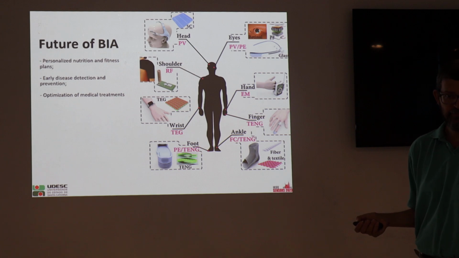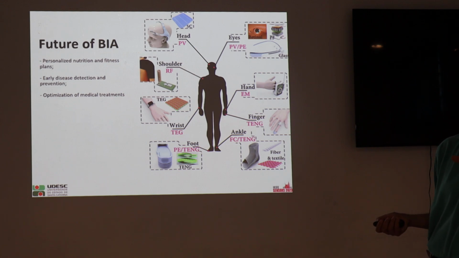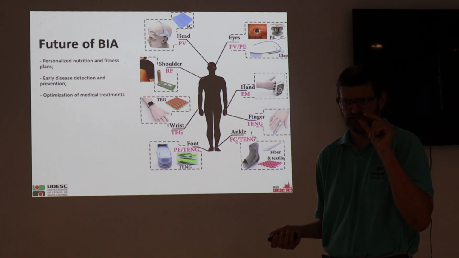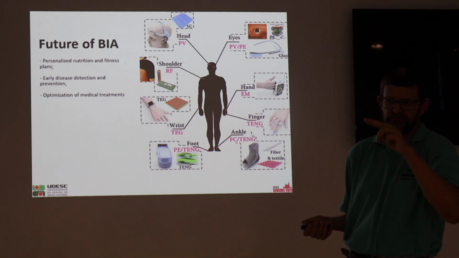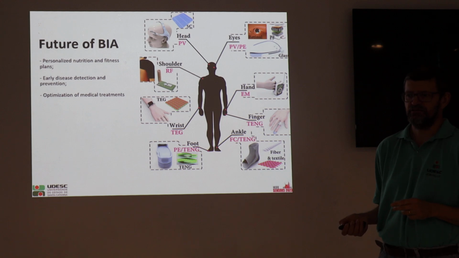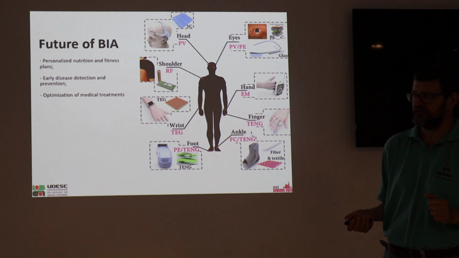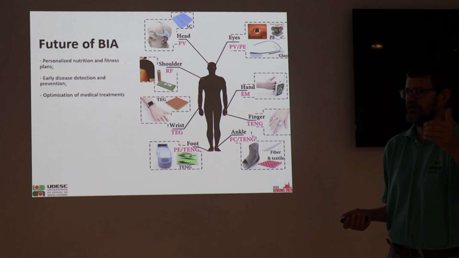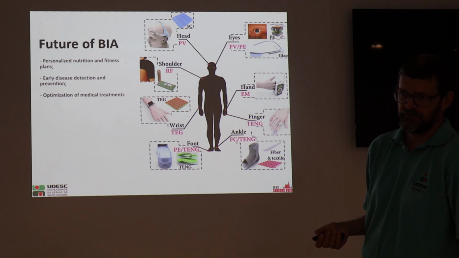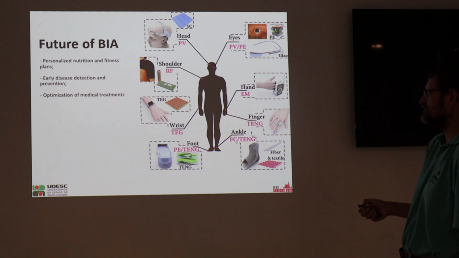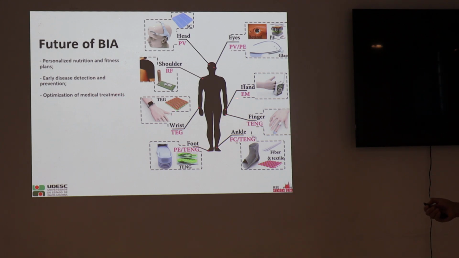For example, epilepsy. Now they are using a tiny circuit board inside the brain, looking in real time at the electroencephalography signal, to see if an epilepsy signal is coming. Okay. Optimization of medical treatments as well.